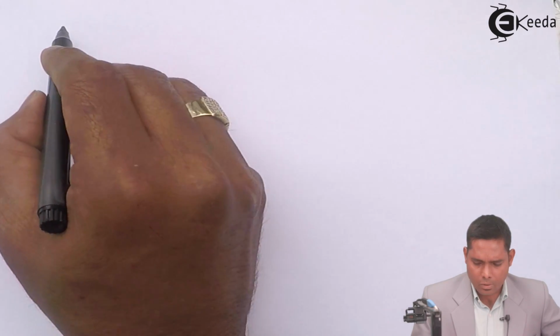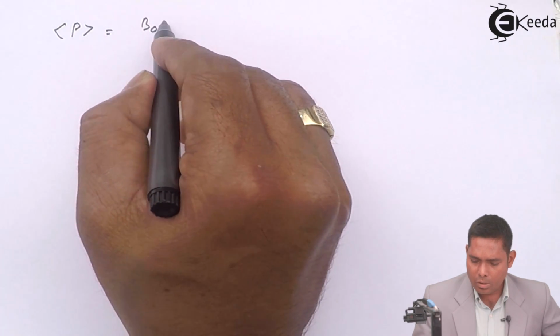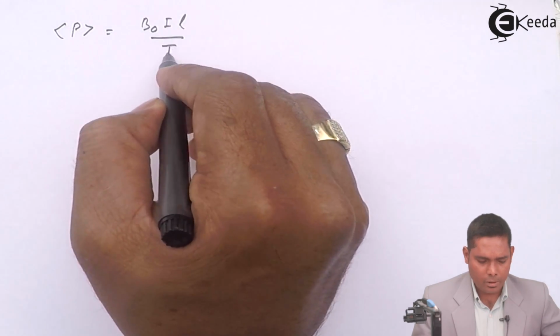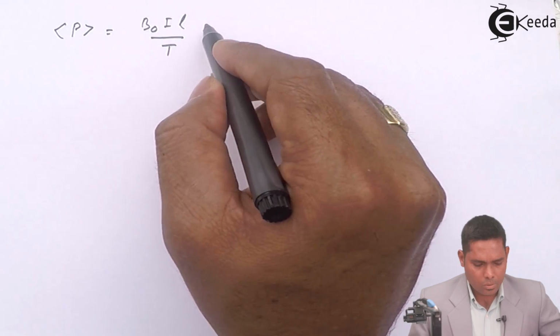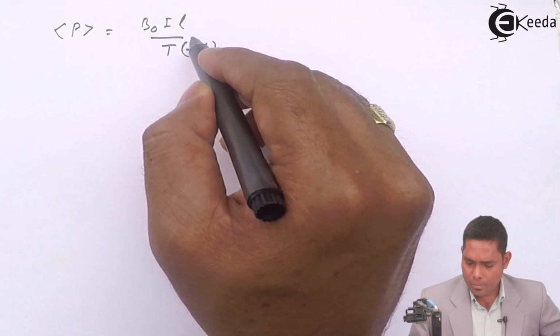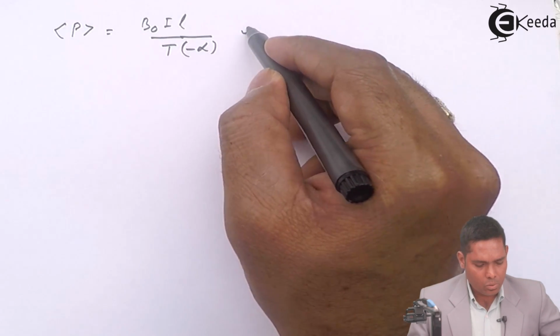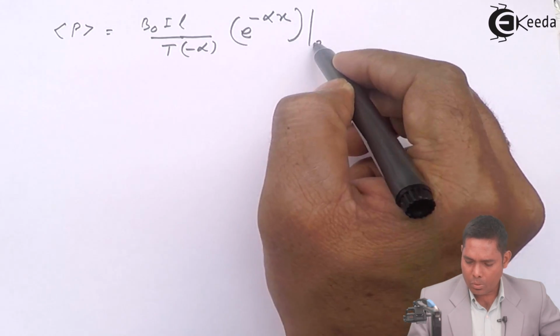So finally what I got is P average as B naught Il divided by T, minus alpha, e raised to minus alpha x, where x varies from 0 to 2.